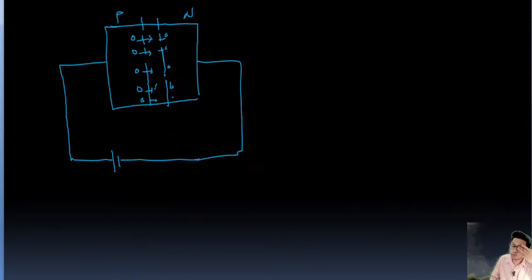Now we'll do different biasing. So this is the PN junction, and we are doing forward biasing in this case. This is N, this is P, and this is forward biasing, FB.